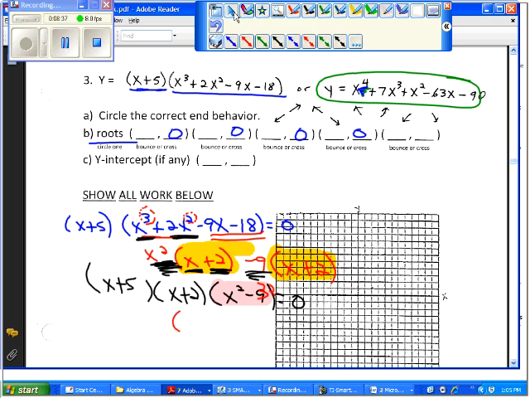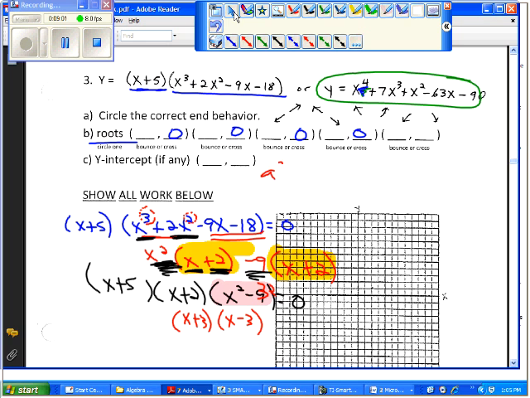The difference between 2 squares factors into what? X minus 3, x plus 3, or x plus 3, x minus 3. What do you call those? Binomial conjugates. And you need to put that in your memory bank.